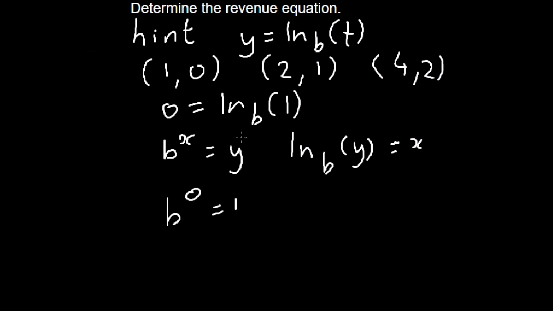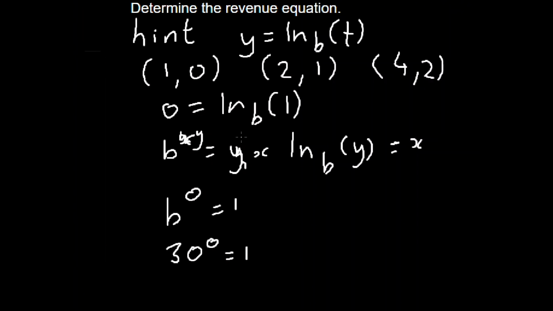I've accidentally just messed up my x's and y's here. So let's put that y and an x there. Cool. And then what we can say is, well, it doesn't really tell us anything about b, because anything to the power of 0 is equal to 1. So even if we have 30 to the power of 0, that is still equal to 1. So what we can do is use another value.